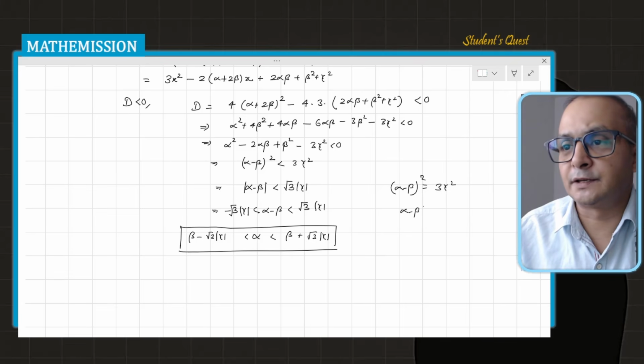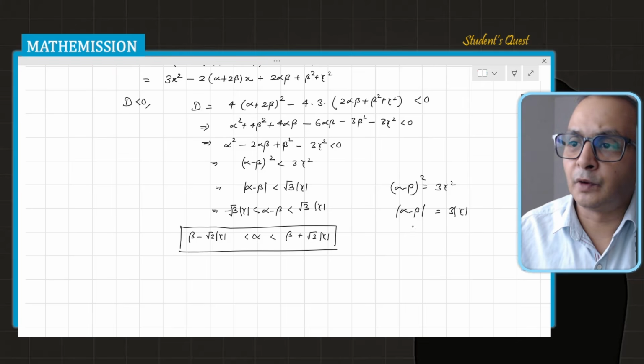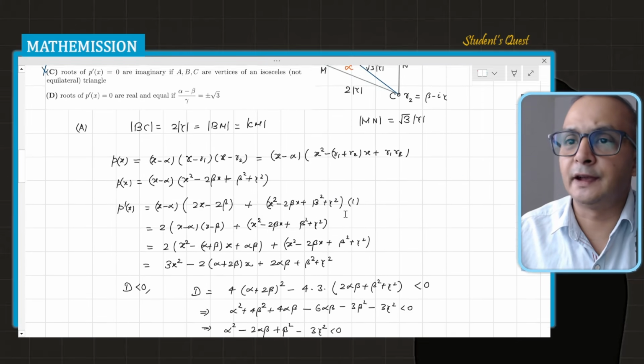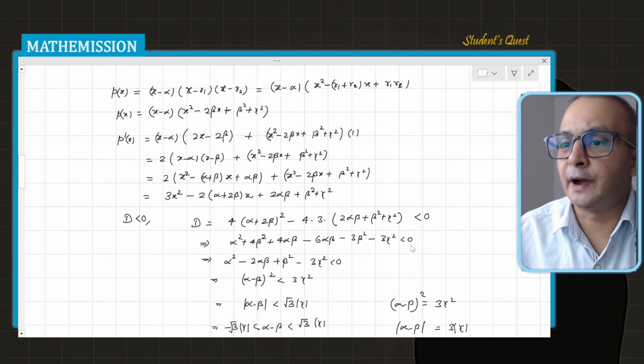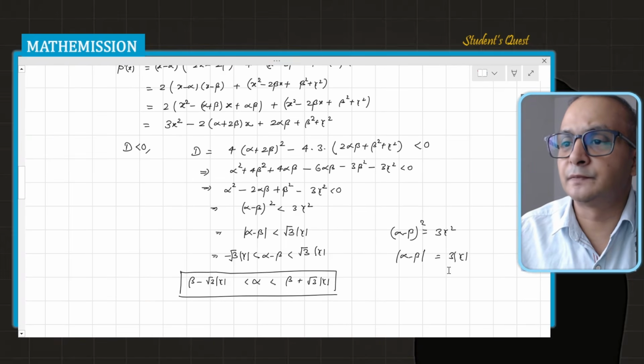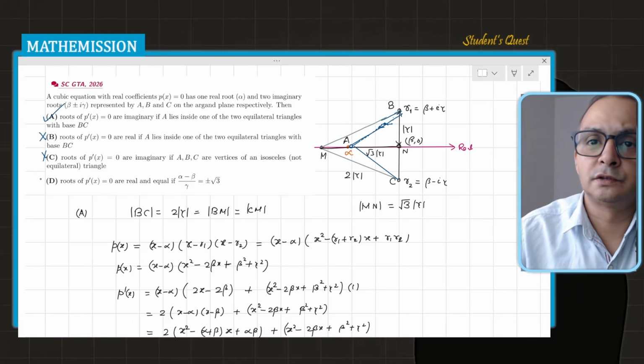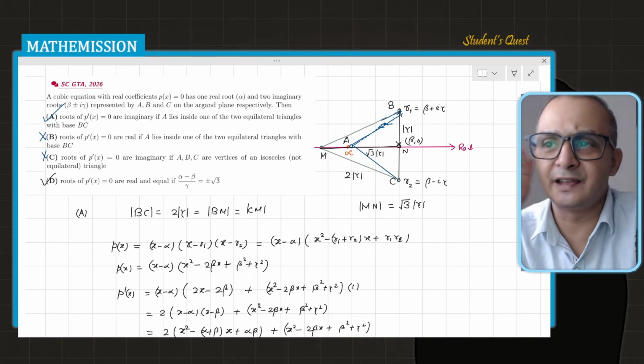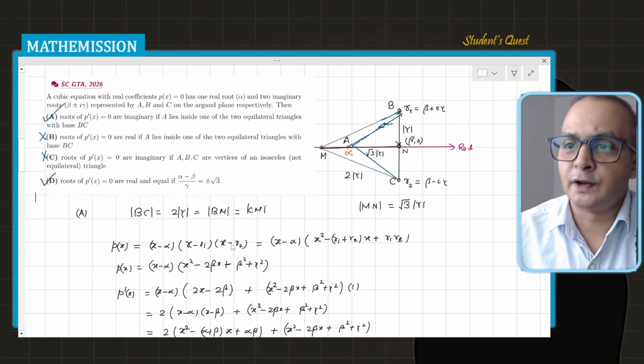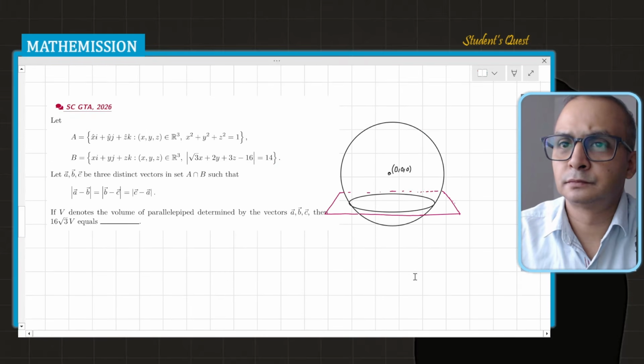Therefore, mod alpha minus beta is equal to root 3 mod gamma, and from there we get alpha minus beta by gamma is equal to plus or minus root 3. So this part is also correct. So I guess A and D are correct. Now let's move to the next question.